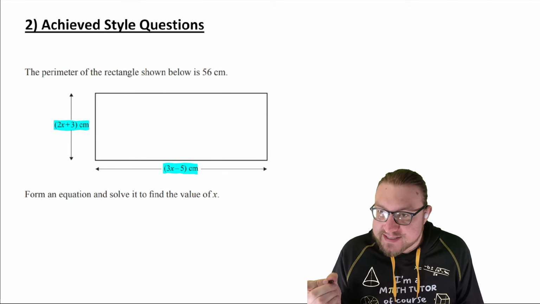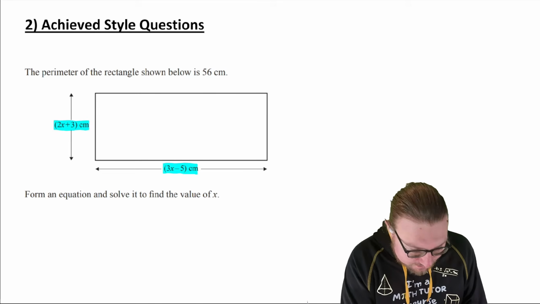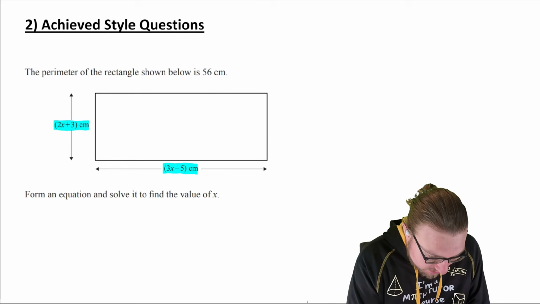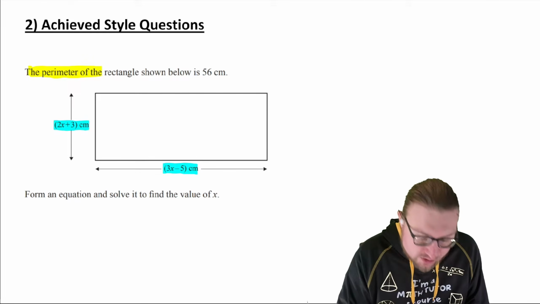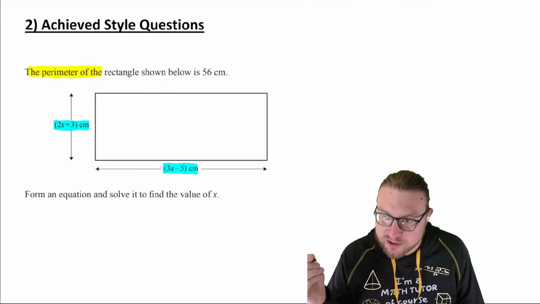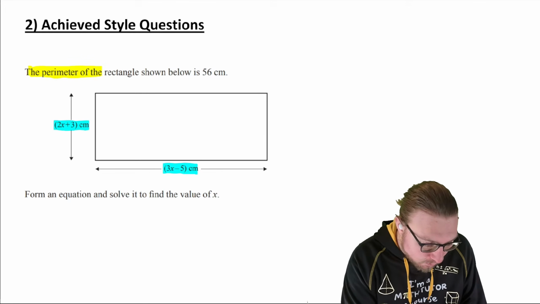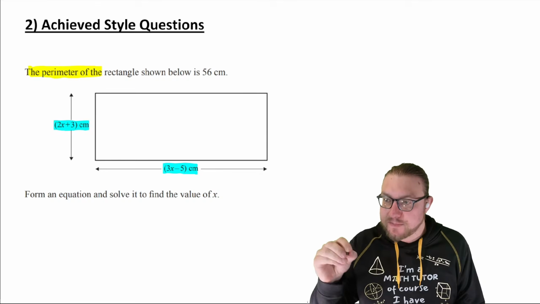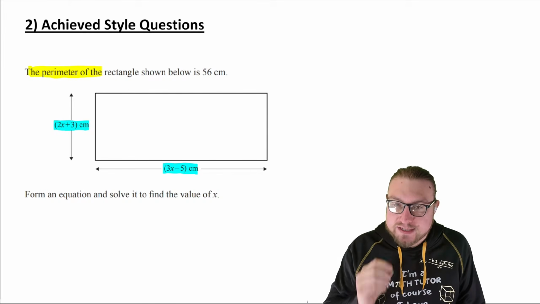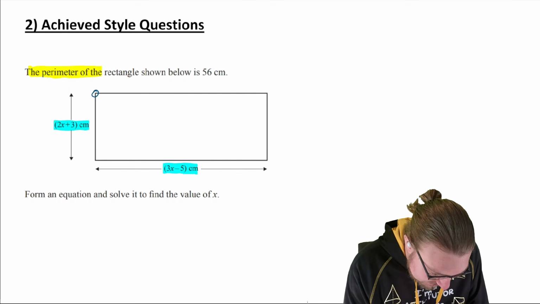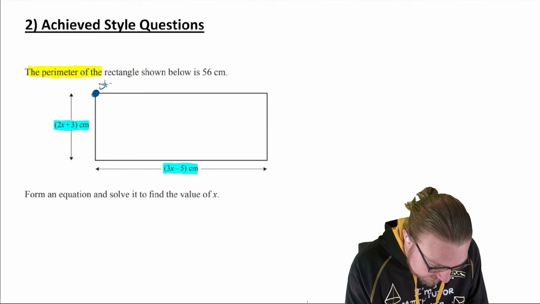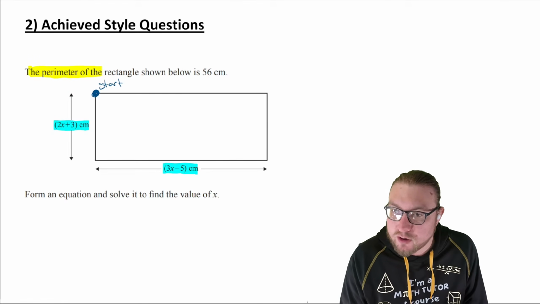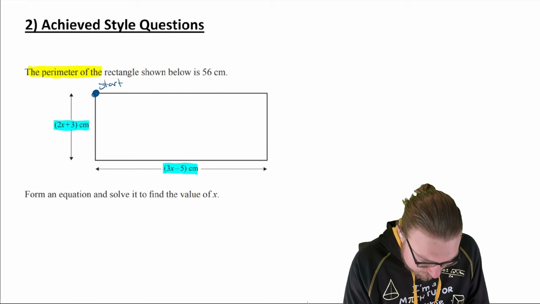This question by itself is just asking for a perimeter. So if the question is talking about perimeter, all we're going to remember is we go back to the fundamentals. What is the perimeter? The perimeter means we start somewhere on the shape, we go all the way around it until we're back. So let's just pick this place here as our start. And we're going to go all the way around until we're back.